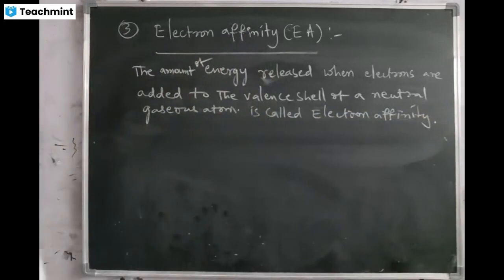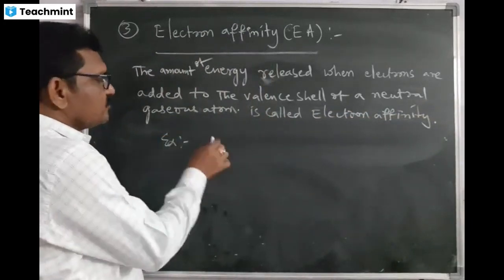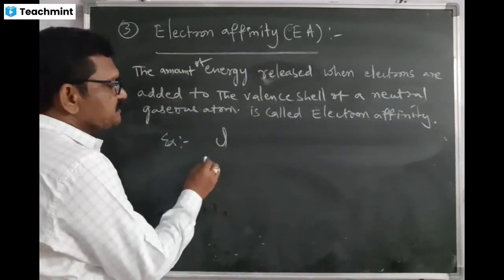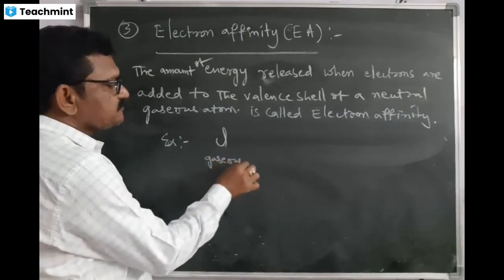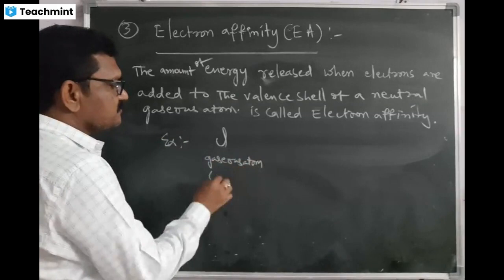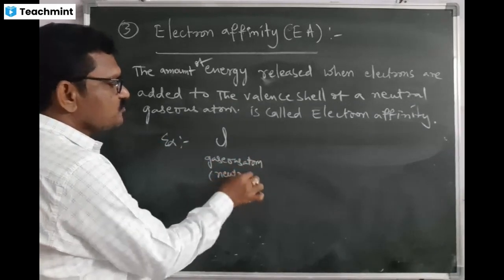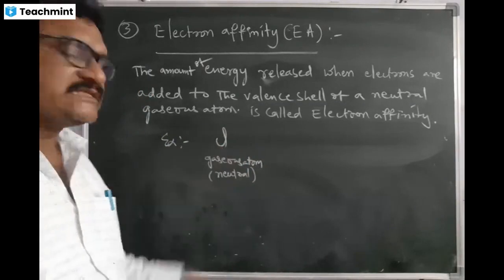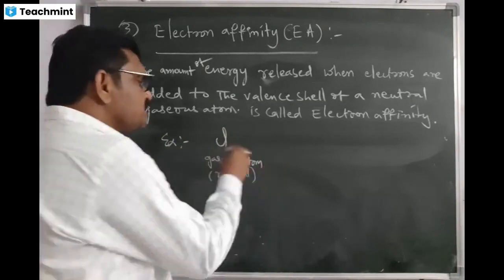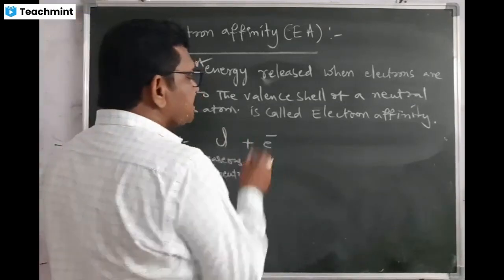Okay. See, for example, chlorine is an atom. Chlorine is a gaseous atom, particularly a neutral one. Neutral means it cannot have any charge. Chlorine is a neutral gaseous atom. To this neutral gaseous atom, you can add electrons.